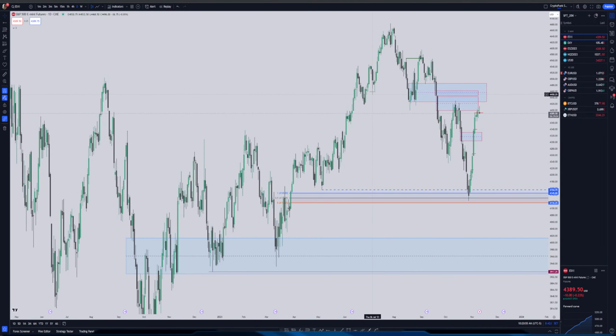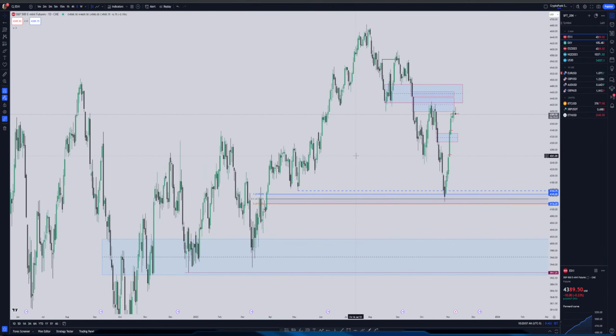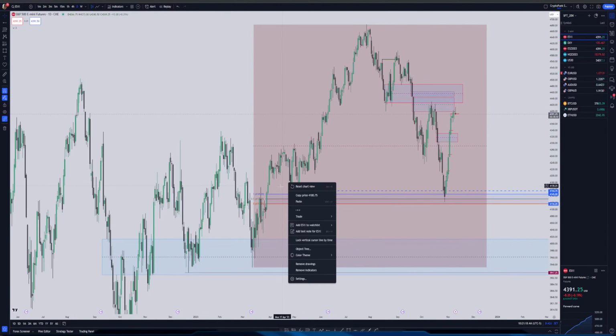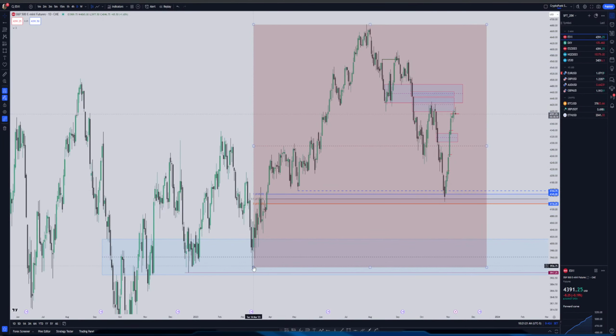Now if you look at the chart, if you want to draw your premium and discount, you see these equal lows, let's say from here. Let me just draw a box from here to here. Price came into the discount here and now it's going up. Why I'm targeting here is because that's a very major swing low. Although I want to draw from here, I'm drawing from here.